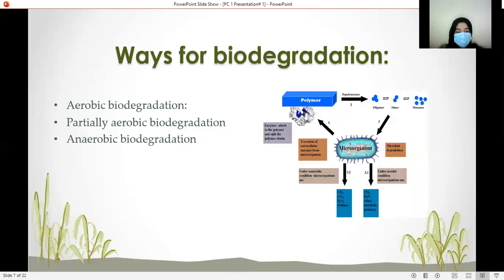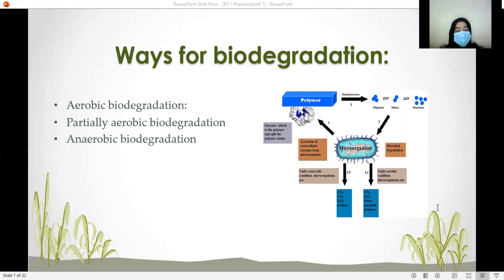Ways for biodegradation. There are usually three ways we use in the process of biodegradation. Plastics are generally biodegradable aerobically in nature and anaerobically in sediments and landfills and partially aerobically in compost and soil.